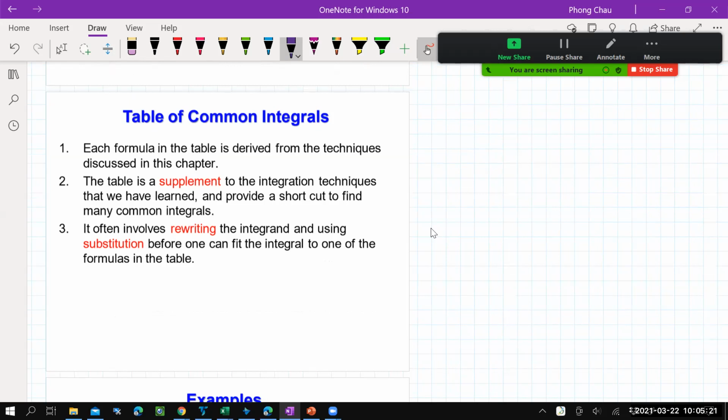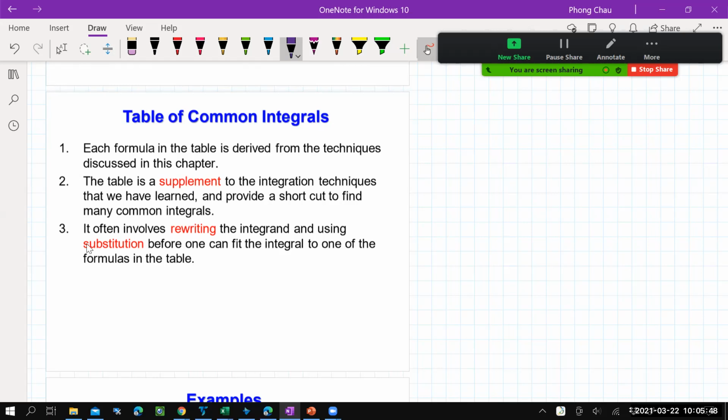When we do the setup, like the volume problems that we learn, in reality the setup is what no one can replace, no computer can replace. We have to do it by understanding it, and then after the setup, you can use technology, computers, calculators, the table of integrals to help us do the integration part.